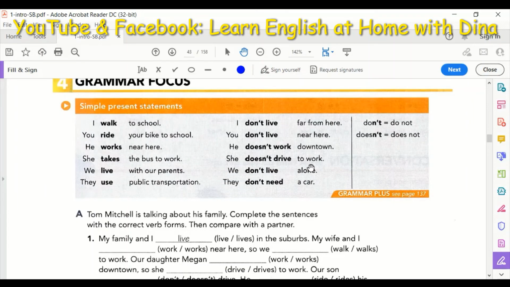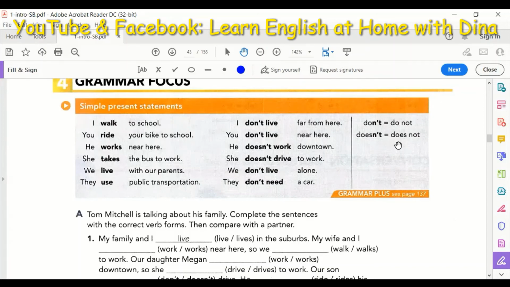She doesn't drive to work. We live with our parents. We don't live alone. They use public transportation. They don't need a car. Don't equals do not.